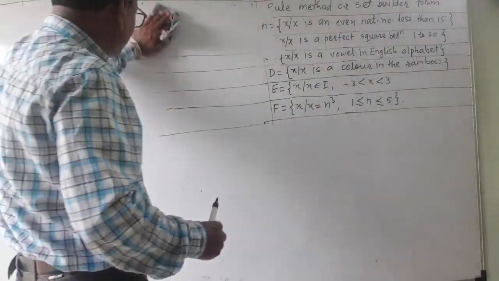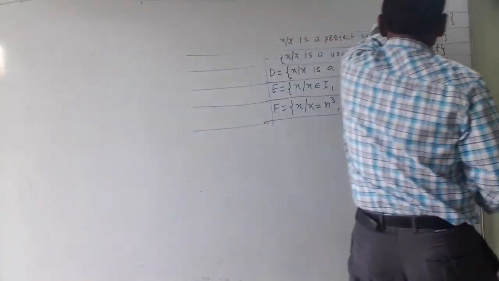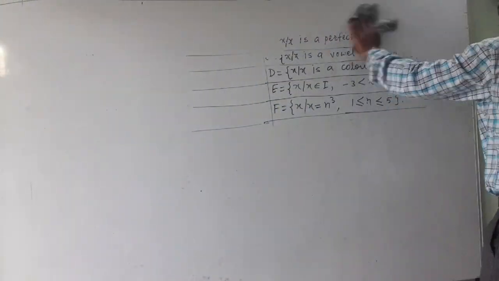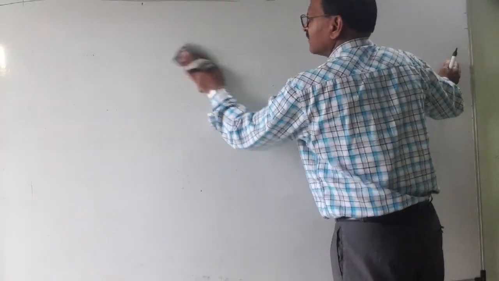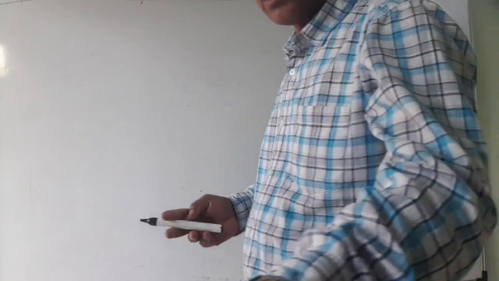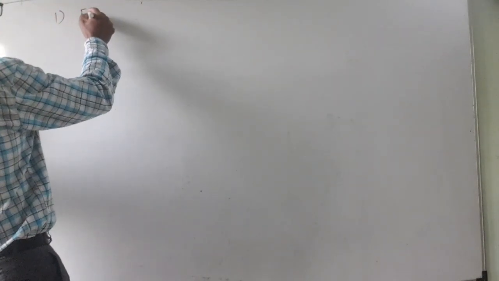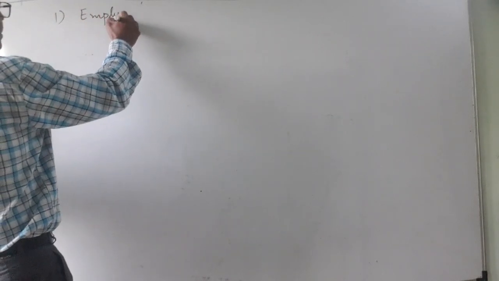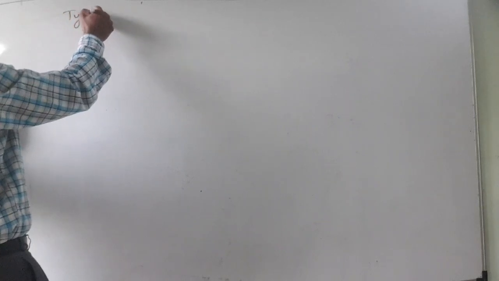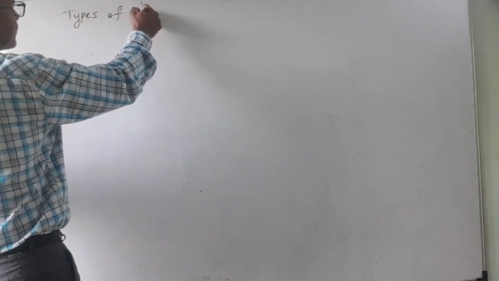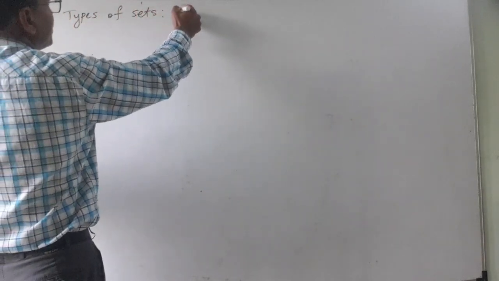Now another, we have types of the sets. What are the sets? Types of sets. One is empty set.